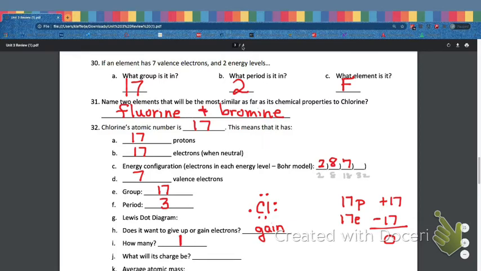If this atom gains an electron, we're going to change our number of electrons here. So we're changing it to 18. So 18 electrons. That's going to have a negative 18 charge. And so the overall charge for my ion is going to be negative 1. I have 1 more electron than I do protons.